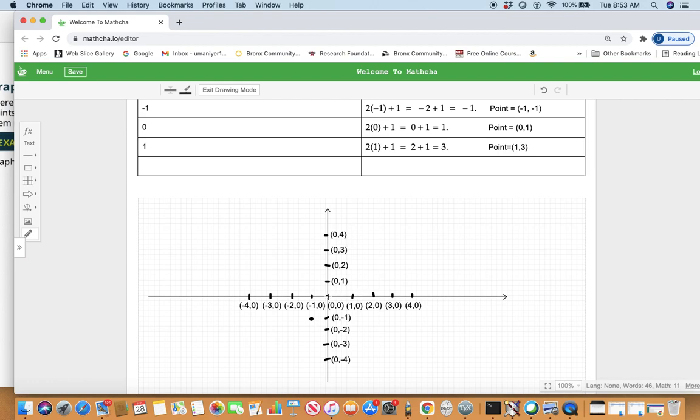X value is 0, so I stay there, no left-right motion. And the y coordinate is positive 1, so that's the point (0, 1). Third point, (1, 3). X coordinate is 1, so you take right 1 and then go up 3 units. So these are the 3 points. You take a straight edge ruler and join the 3 points.